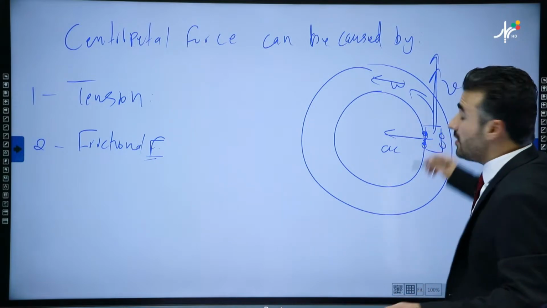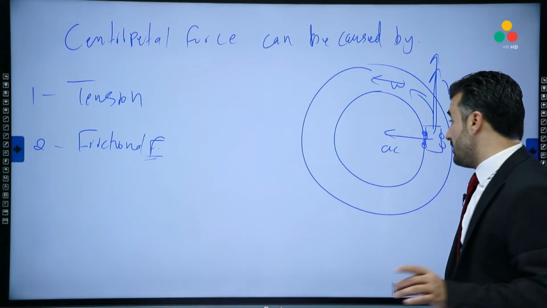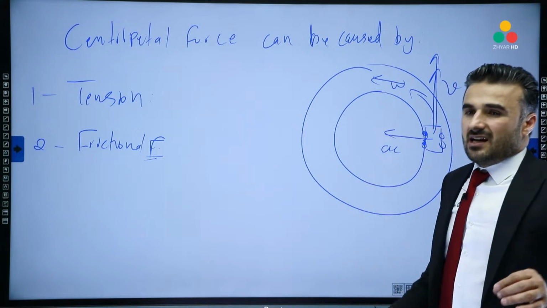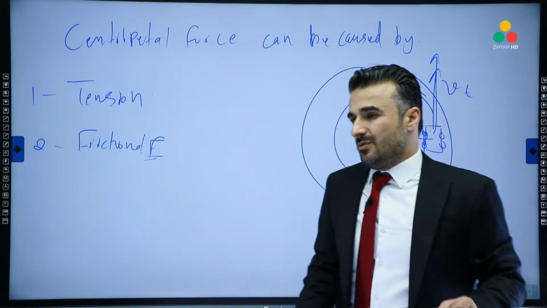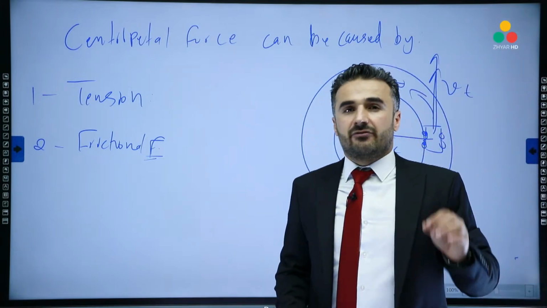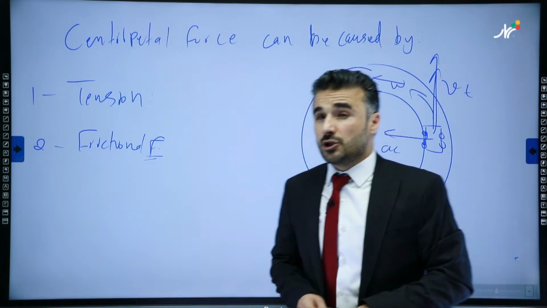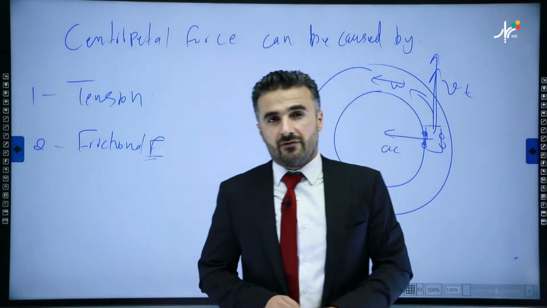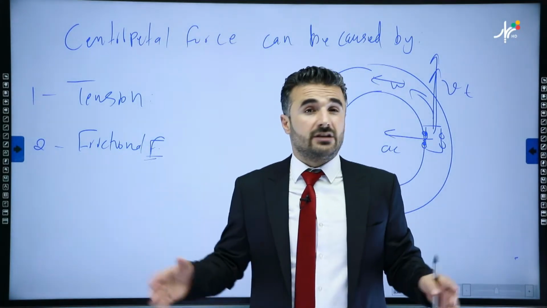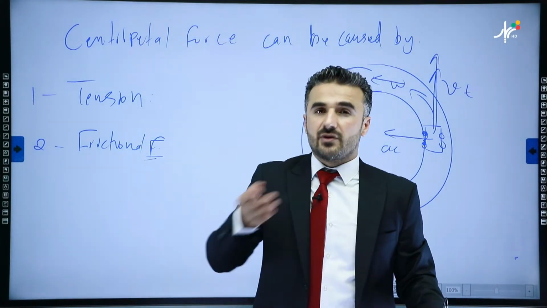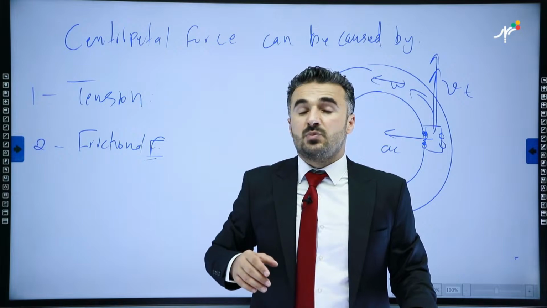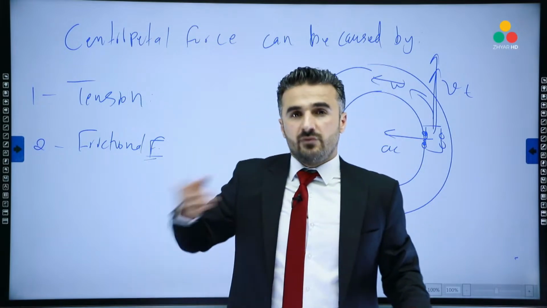Remember this, something very important: the force that allows the car to make a turn is the friction between the tire of the car and the road. What if the question were about the driver sitting inside the car? That would be a totally different question. What keeps the driver moving in a circle?